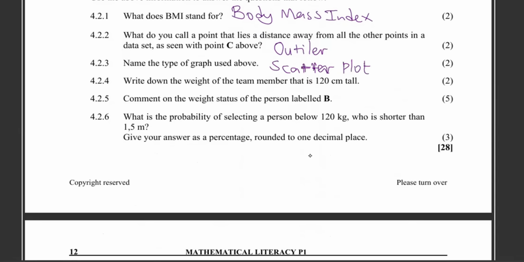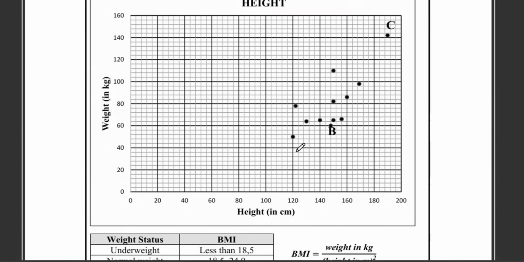Write down the weight of the team member that is 120 centimeters tall. 120 is here. And the dot is in between here.